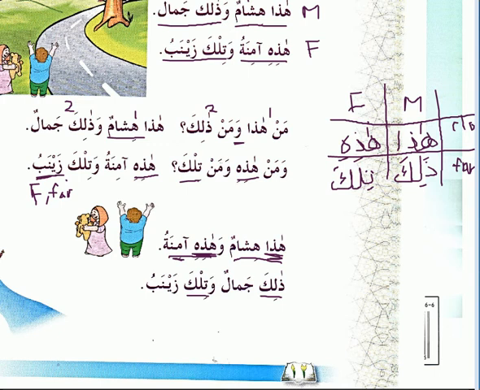They're both things that are close. And in the second sentence, what did Dhalika and Tilka have in common? Yes, they're both far, right? They're both things that are far away. So Dhalika and Tilka, both far away. Hadha, Hadihi, both things that are close. Yes. So let's look at the exercises.